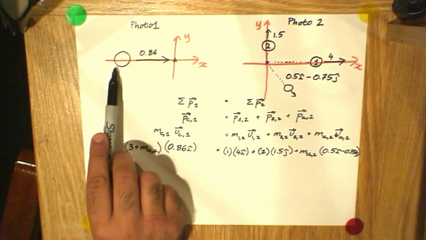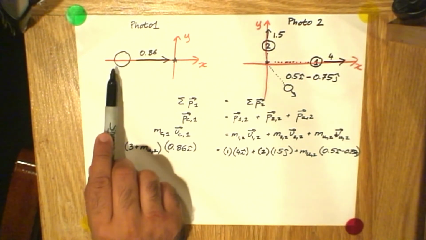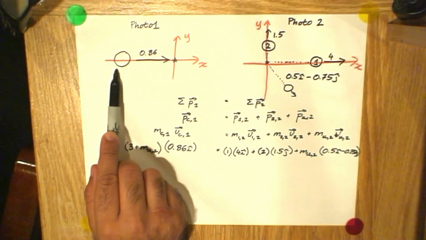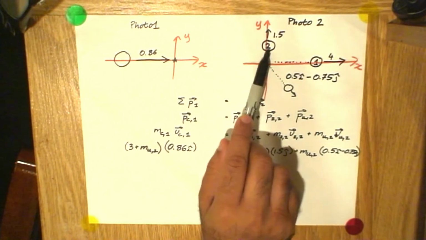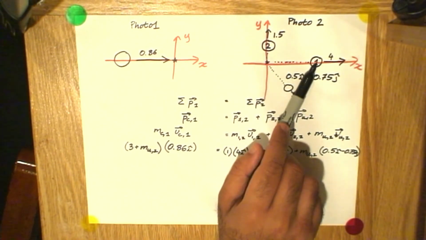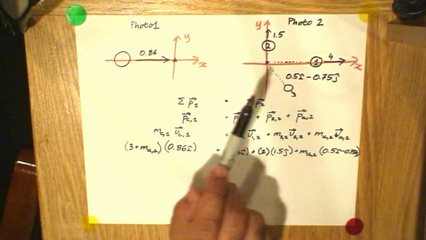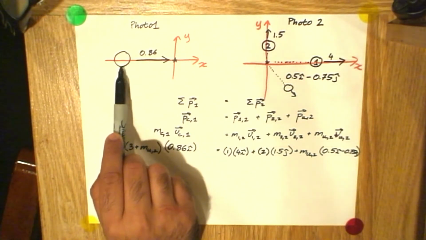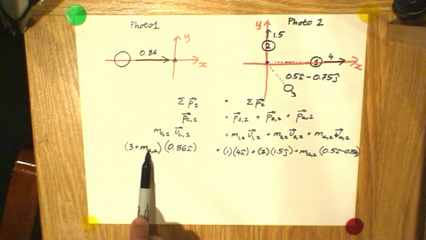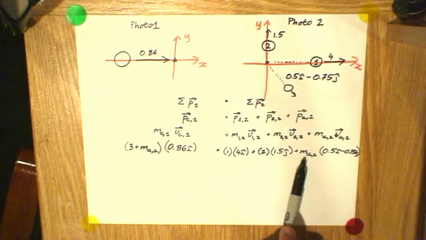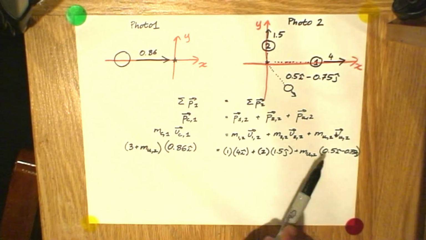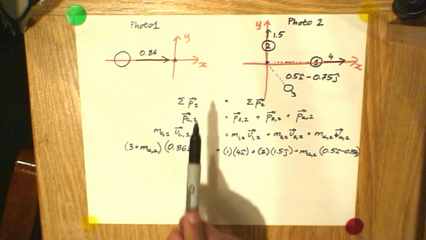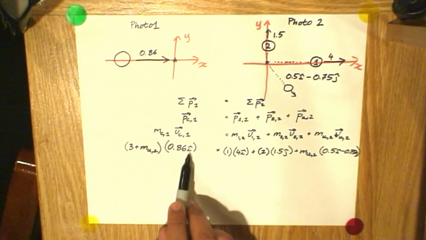We have this combined object here, which has an unknown mass. We do know that that unknown mass is going to be more than 3 kilograms, since 2 of these fragments add up to 3 kilograms, and the third one is unknown. But we don't know how big this is. We are going to call this 3 plus the mass of the unknown thing, so that we can use the same mass of the unknown in both sides. The velocity of the combined object is 0.86 i-hat.